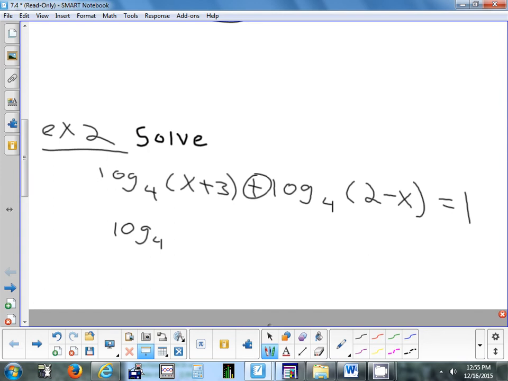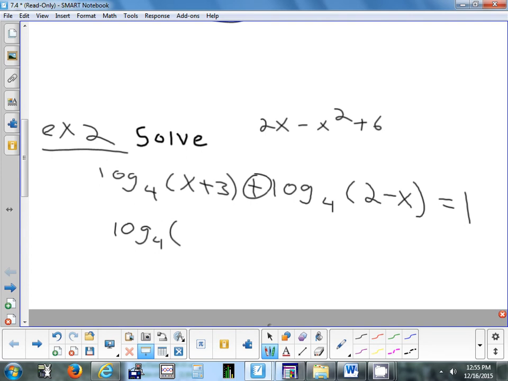And this time, when you multiply x plus 3 times 2 minus x, how do we do that? Some people call it FOIL or distributive. I'll distribute it. I'm going to write the answer up above, but then I'll put the final answer down below. What's x times 2? 2x. x times negative x. 3 times 2 is plus 6.